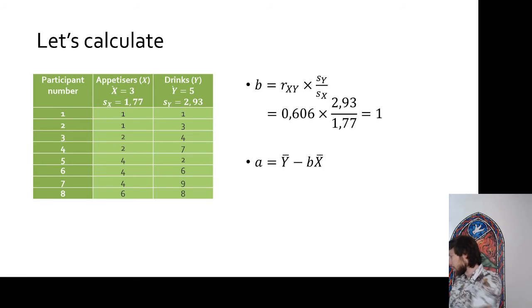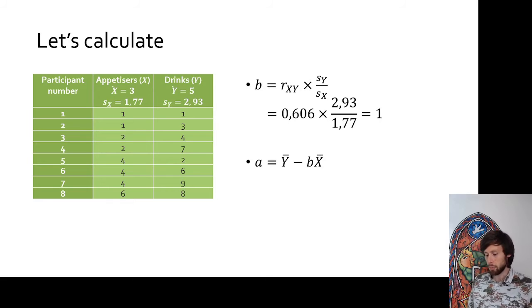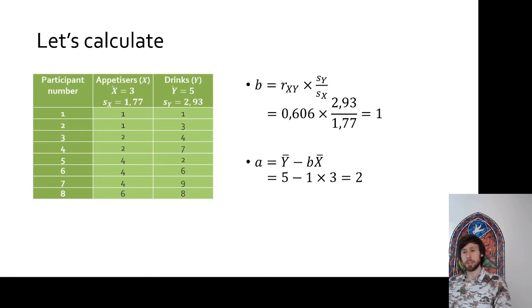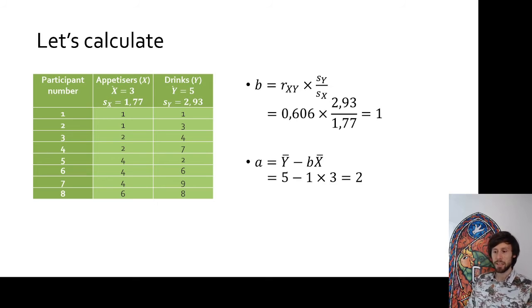If you just want to look at this one, that is, poop simple, as we would say in Dutch. So be sure to give it a try. And then we just fill it out. 5 minus 1 times 3, and that gives us 2, an intercept of 2.